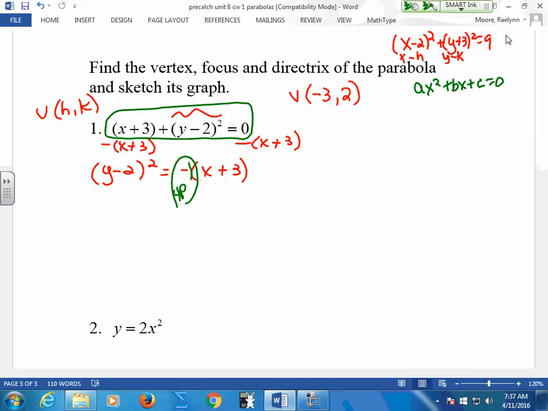If you saw this, what's this an equation of? You did this last year. What's that an equation of? X squared and a Y squared. Circle.